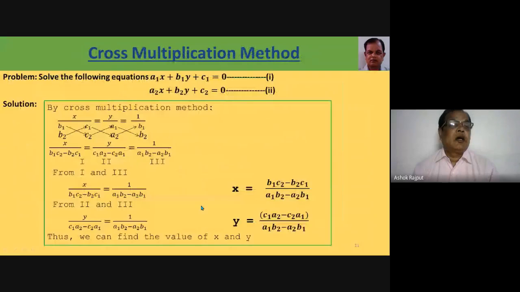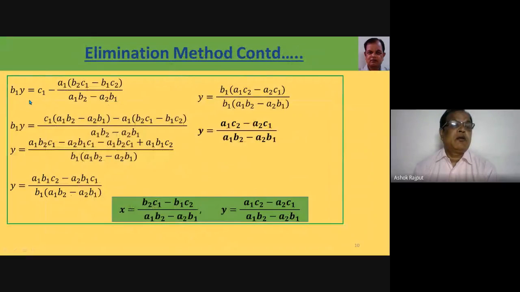As written here, b1 y equals c1 minus a1 x, because we have transposed here: b2 c1 minus b1 c2 by a1 b2 minus a2 b1. And here we have taken the LCM.